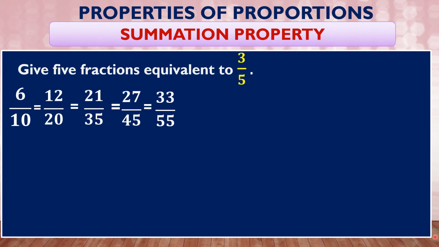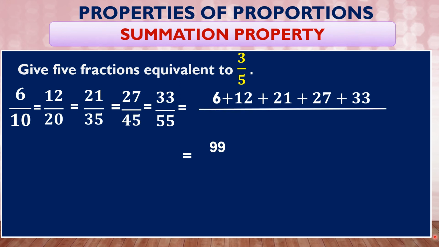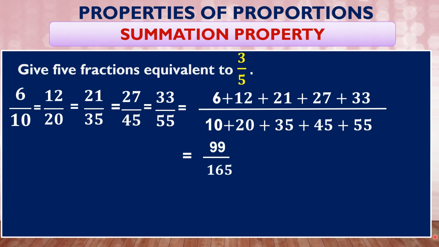So, let's try adding the numerators. So, 6 plus 12 plus 21 plus 27 plus 33 is equal to 99. No? It's the sum of the numerators. And then, adding also the denominators, so 10 plus 20 plus 35 plus 45 plus 55 is equal to 165. So, alam natin na 99 over 165 ay hindi pa naka-lowest term, no?